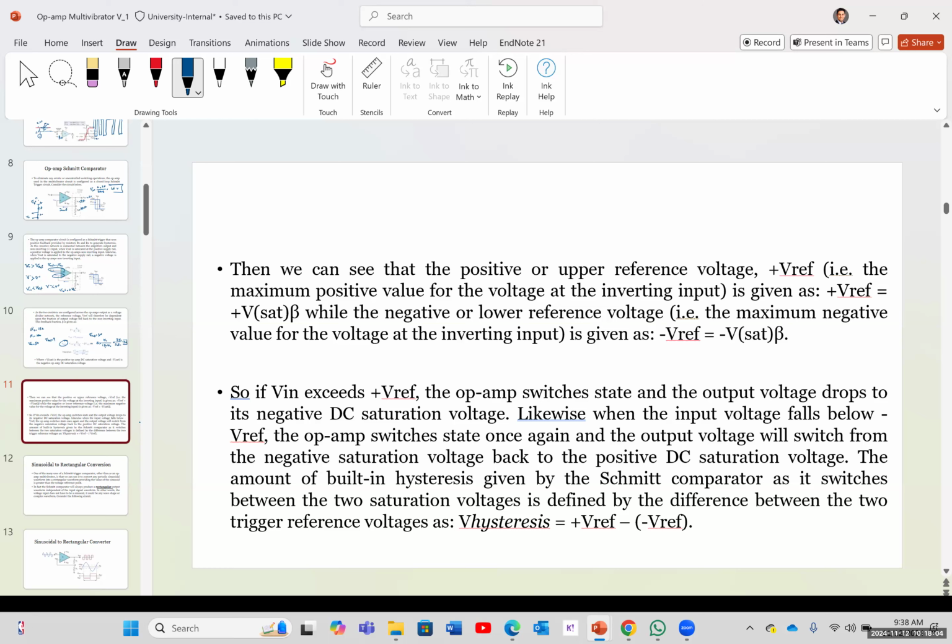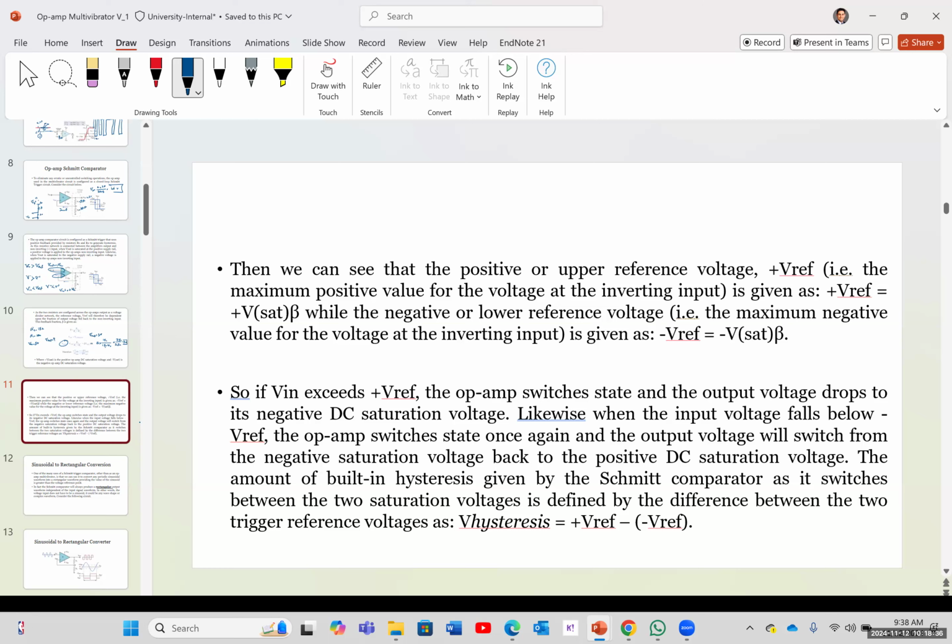So if Vn exceeds positive V reference, the output switches states and the output voltage drops to its negative DC saturation voltage. Likewise, when the input voltage falls below negative V reference, the output switches state once again, and the output voltage will switch from the negative saturation voltage back to the positive DC saturation voltage.